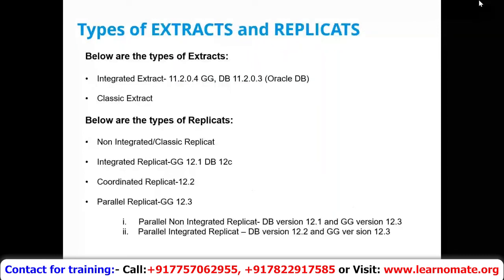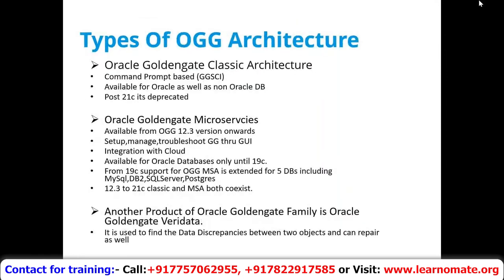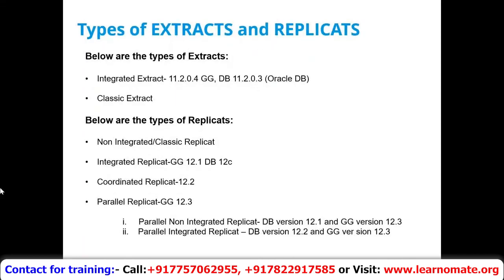This is a question which comes into everybody's mind. I interact with a lot of students and discuss microservices. Almost 70% of the time I get the answer that we know about classic and integrated, but we don't know about microservices at all. So the answer to the question is, here we are talking about overall architecture, classic architecture and microservices architecture. However, classic and integrated are types of extracts.